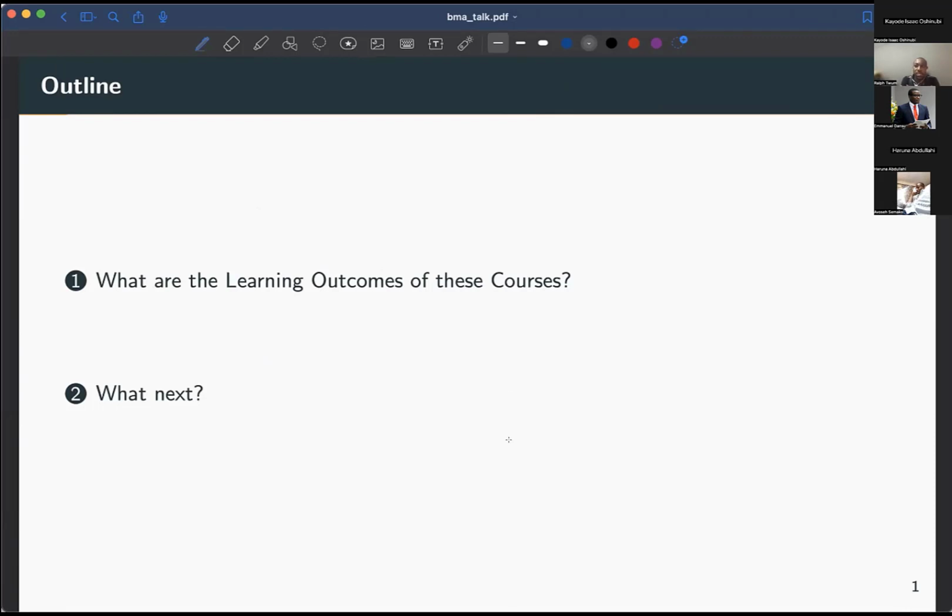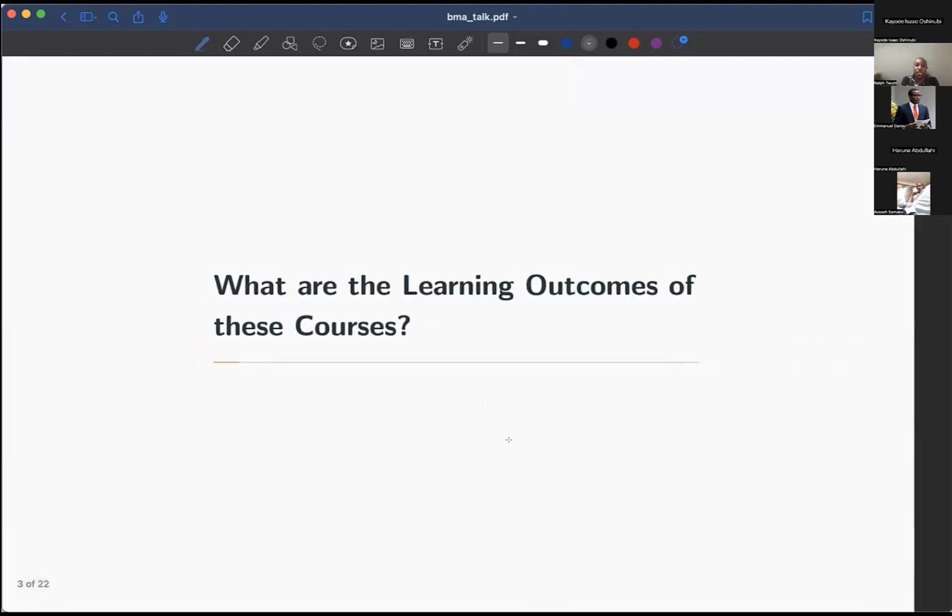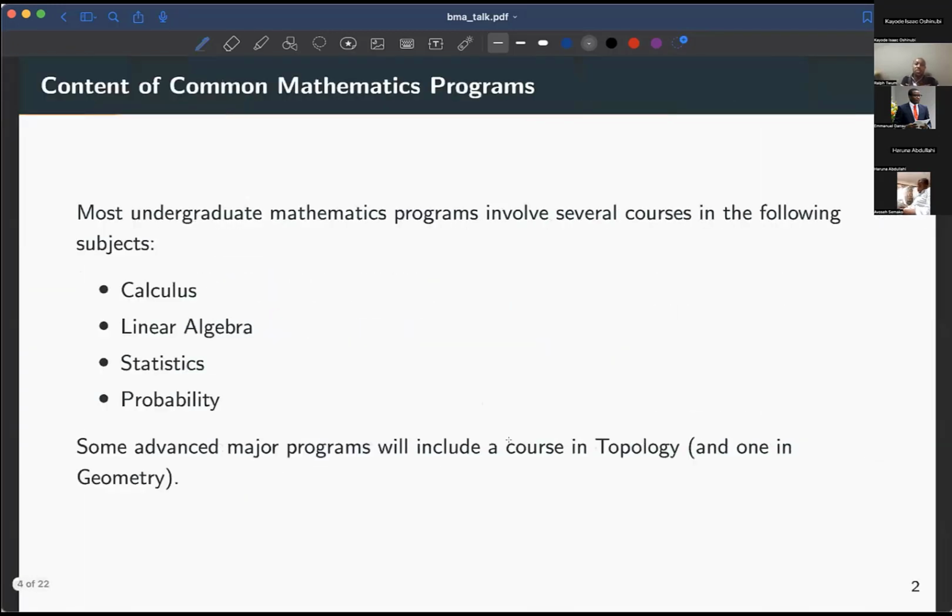So let's start off with the learning outcomes, like I said. If you look at most undergraduate mathematics programs, I know some have completed undergraduates in mathematics, some are in graduate studies, some are PhD holders, and so on. And most of us, when we did mathematics or statistics, sometimes we combined with computer science.